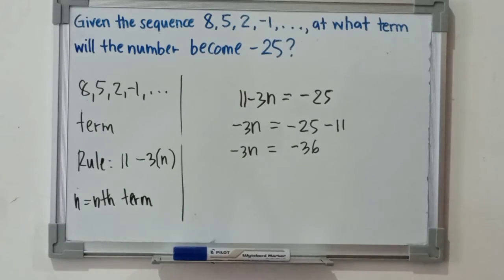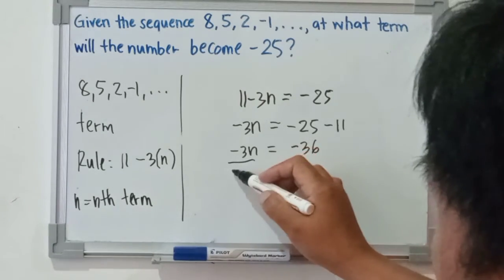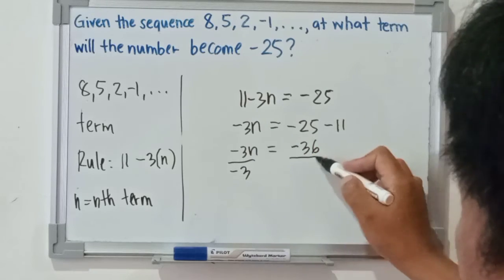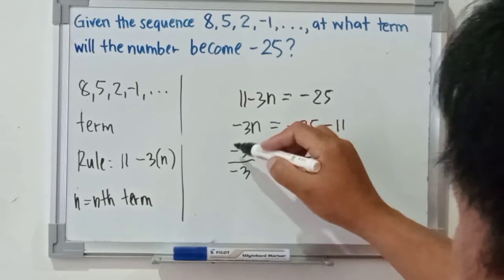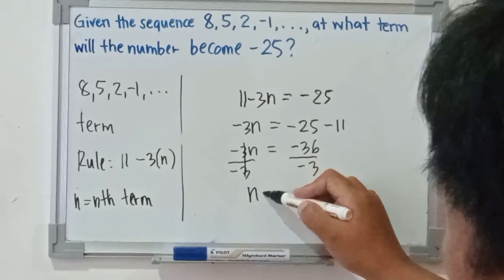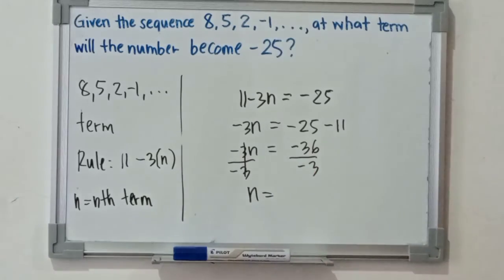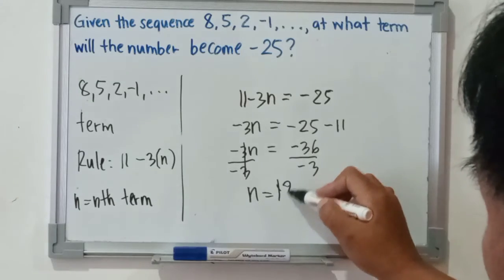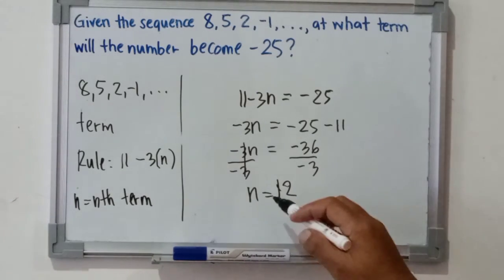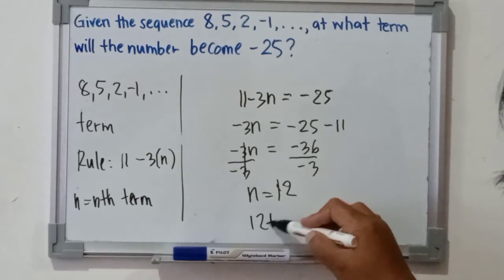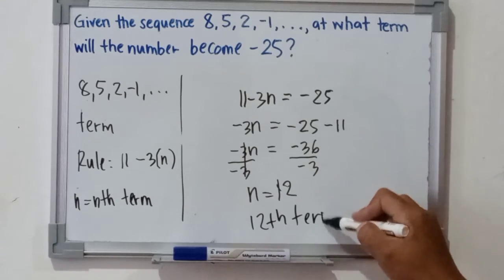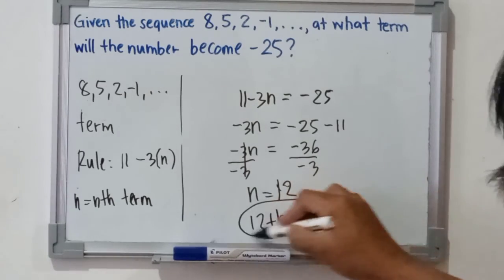For the value of n, just divide both sides by negative 3, so this cancels out. So n equals negative 36 divided by negative 3, which is 12. So our answer is the 12th term.